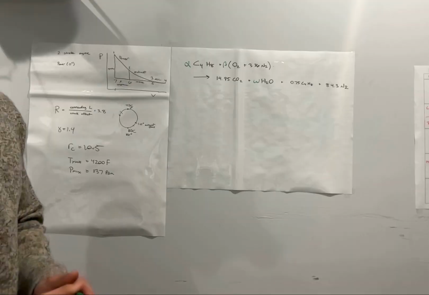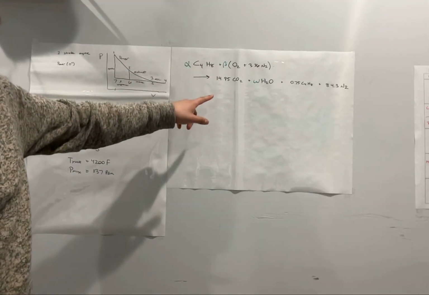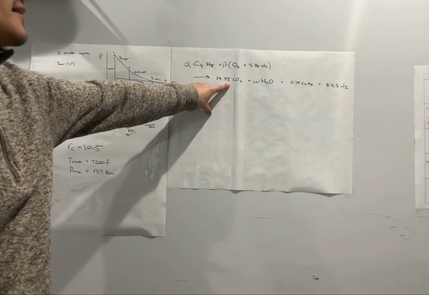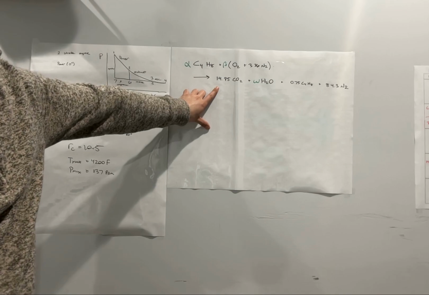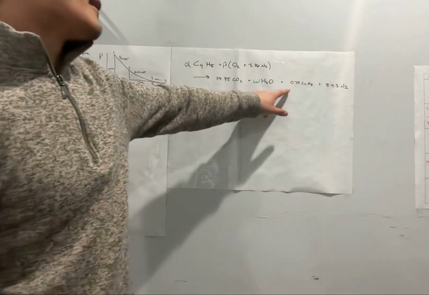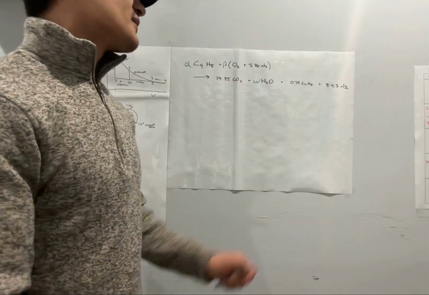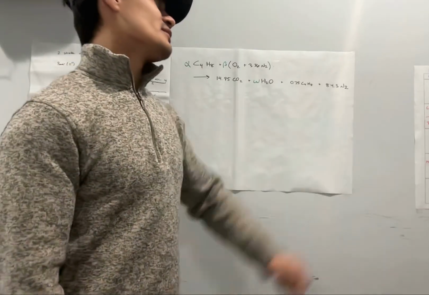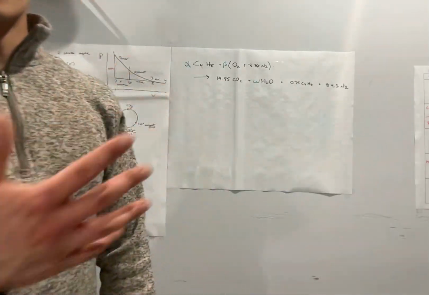So this is given in the problem. We have C4H8, and they also say we have 14.95% CO2 as our exhaust. We have 0.75% as C4H8, and the rest is N2, which is 84.3 if you add these together and subtract from 100.